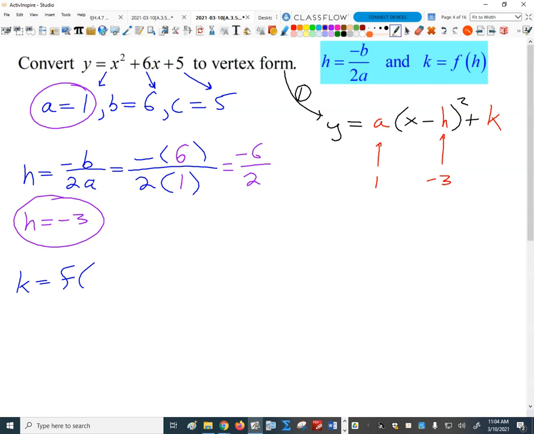Well, we know k is f of h, right? So h is negative 3. So what do we get if we plug negative 3 in? Here's my function that I'm plugging into, right? It looks like just y, but that's the same thing, of course, as saying f of x, right? f of x equals x squared plus 6x plus 5. So I'm just plugging negative 3 in for my x.